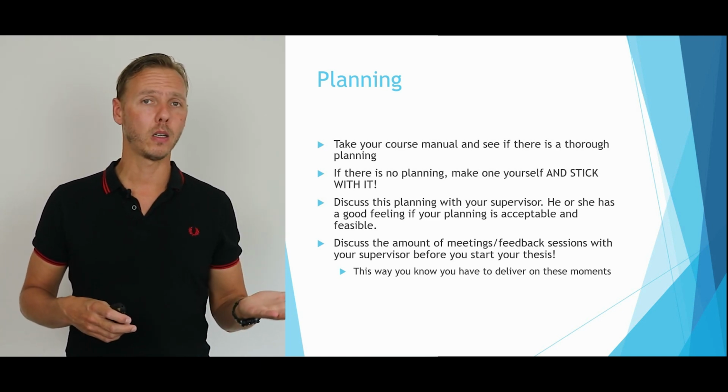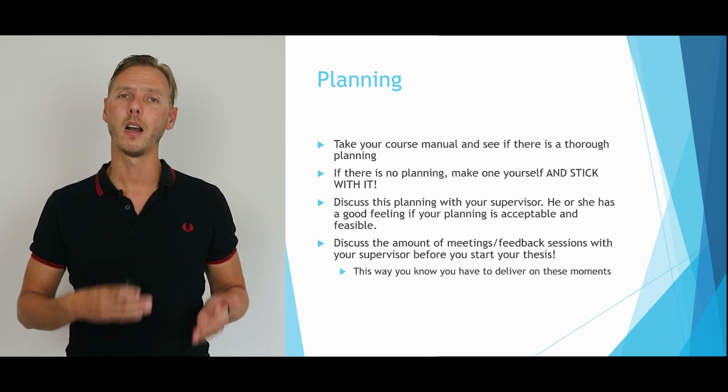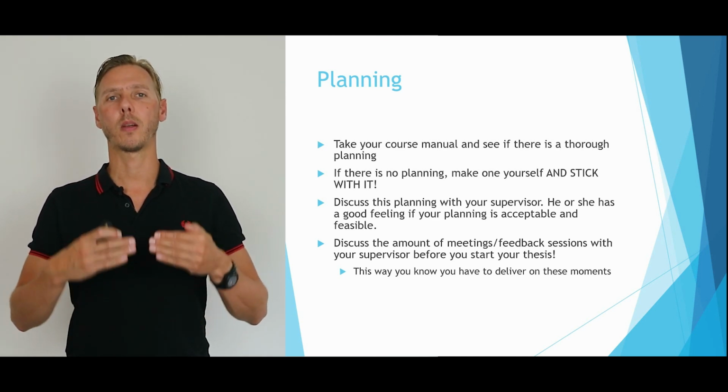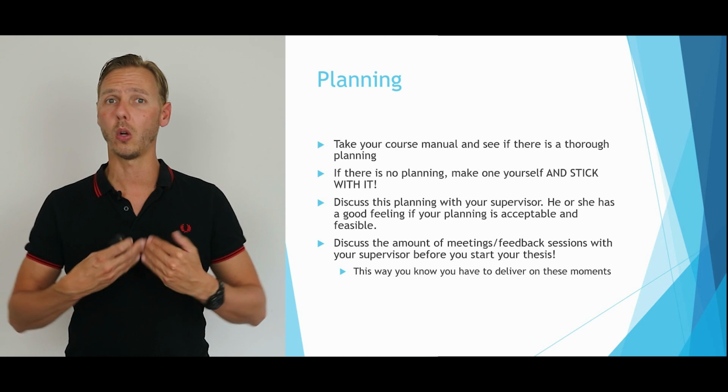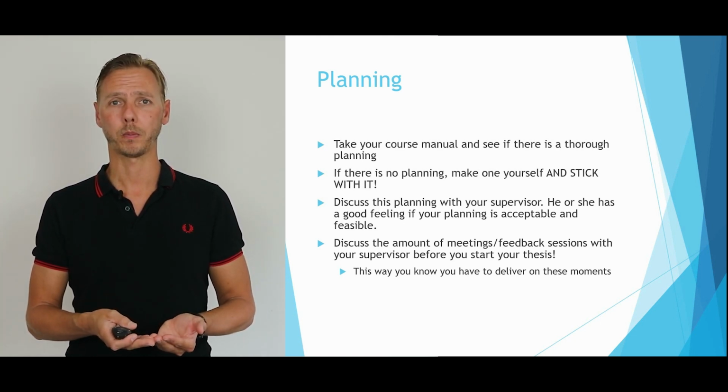If that's an email or a face-to-face or on a video conferencing, it doesn't matter. But if you have those meetings already set, then you also have some deadlines where to work to, because you always have to hand in something at your feedback loop.